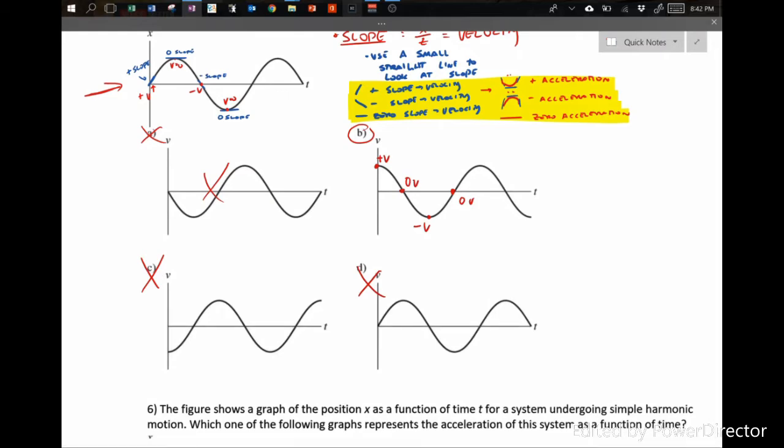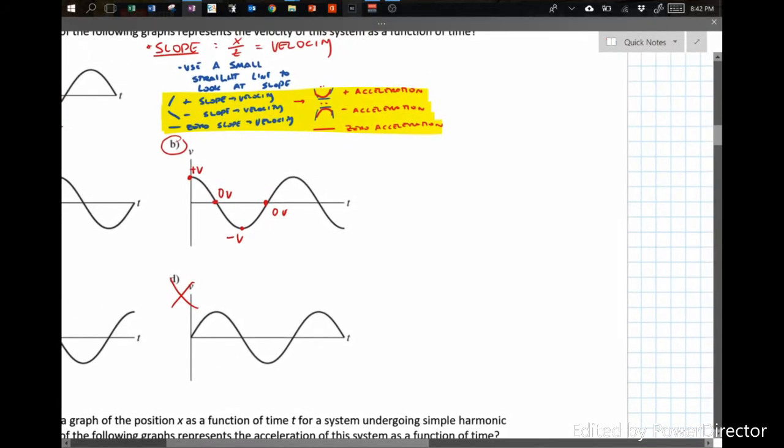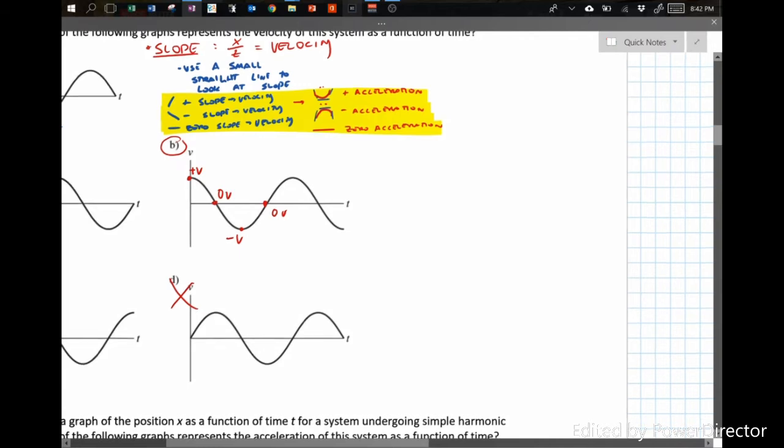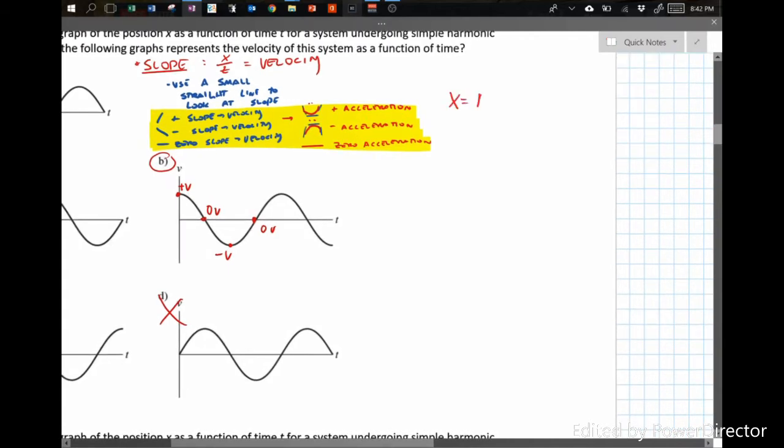While we're on the subject of graphs, this is a special kind of graph. It's a sinusoidal graph, sine or cosine graph. So, what this graph tells me for position is the amplitude times the cosine, and there are two different ways to do it.